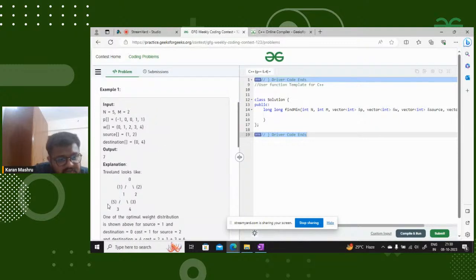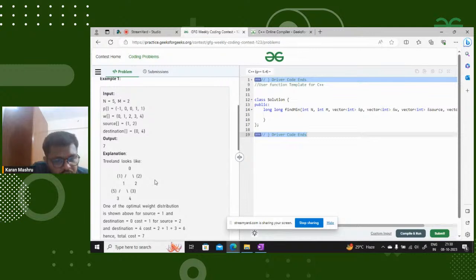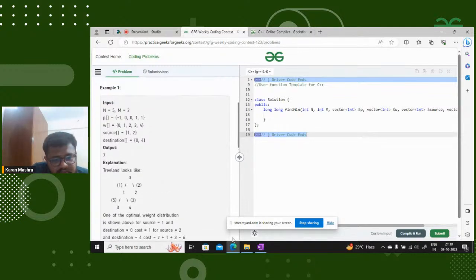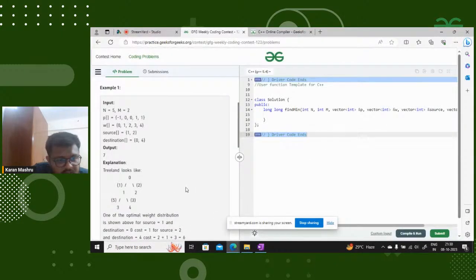Okay, here there is 5, but here they have given 4. If you look at this array, here there is 4, here they have written 5. So yes, there is a small mistake, I guess, between 1 and 3. Okay, no problem.